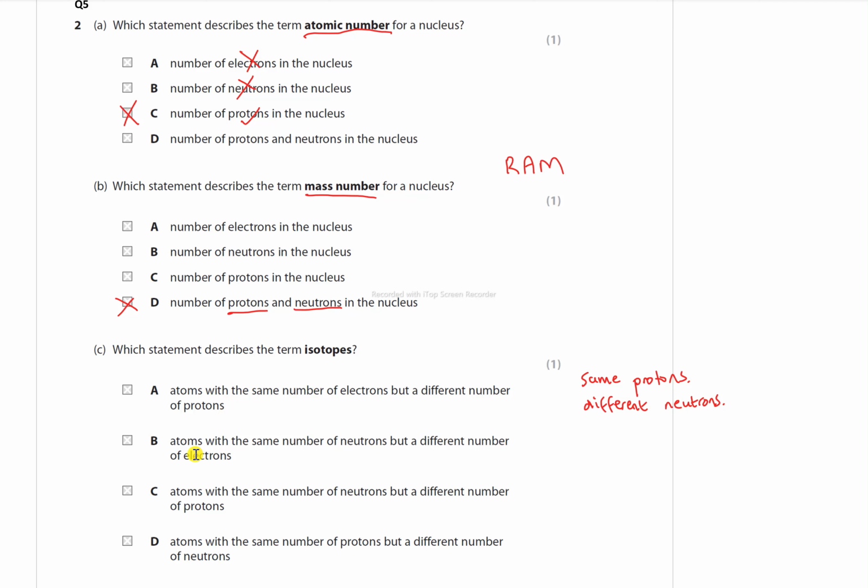Right, same number of protons but different number of neutrons. D. So you just got to read through them carefully. So it's C, D, D.